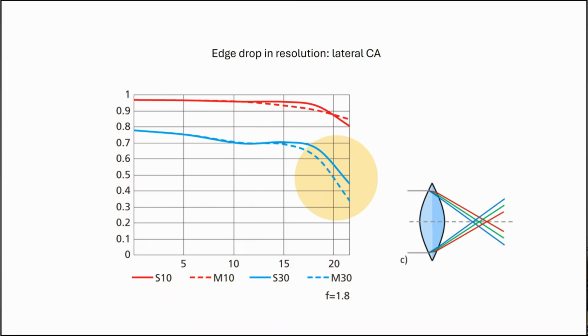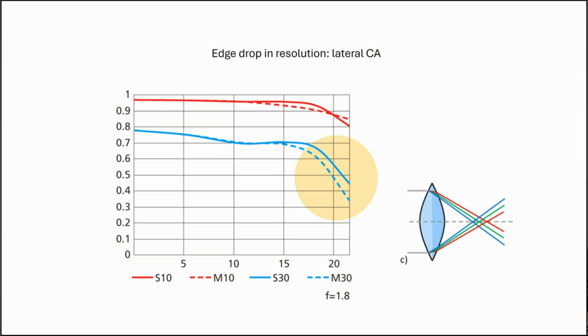The next phenomenon is peripheral reduction in contrast towards the edges of the frame. Now, this might be related to lateral chromatic aberration, where the focusing distance of light on the focal plane depends on spectral considerations. High energy light, like blue light, focuses a little bit closer than red light, which is low in energy and has a longer wavelength.